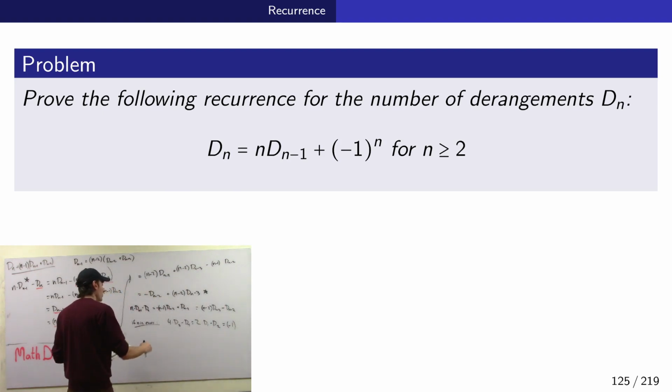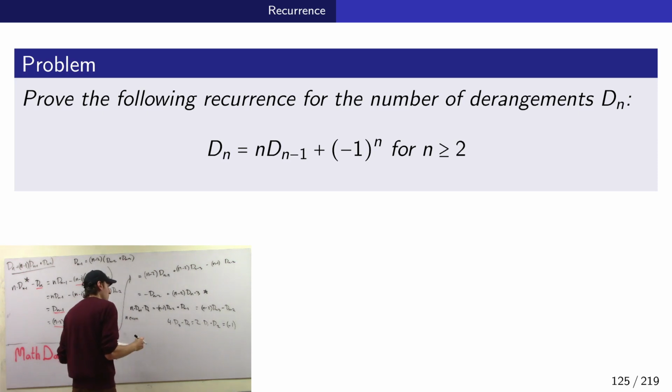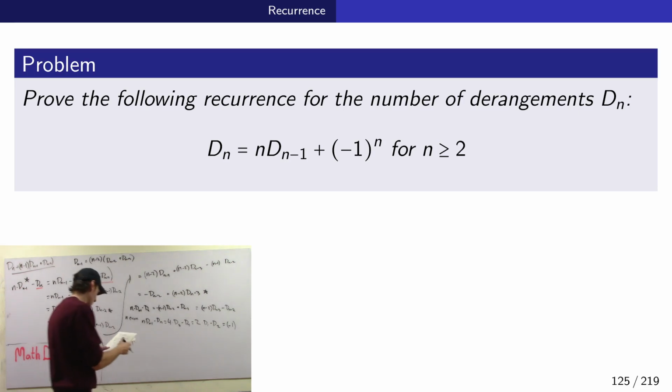And as you decrease by 2 each time, it stays the same parity, so I'll write if n even over here. This says that n times d sub n minus 1 minus d sub n equals this.